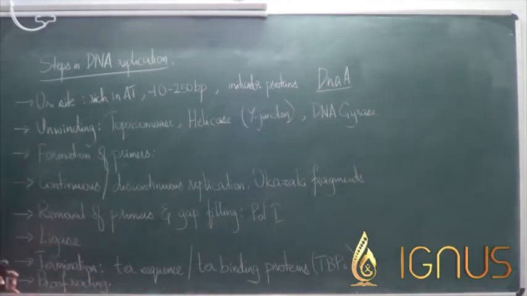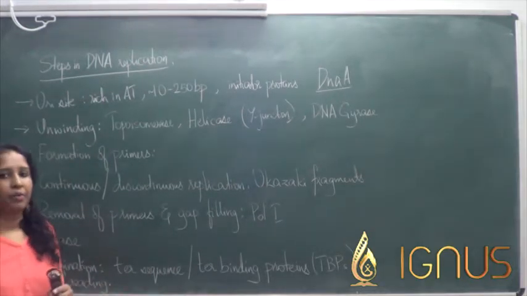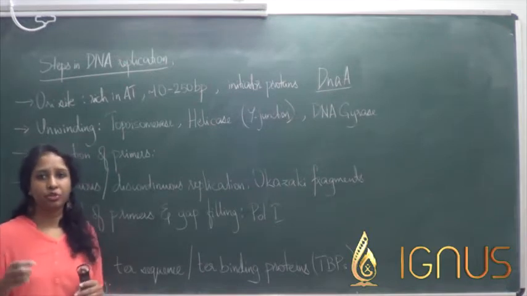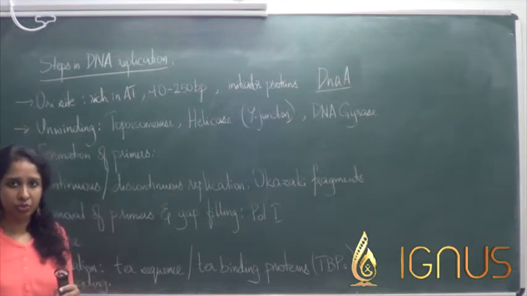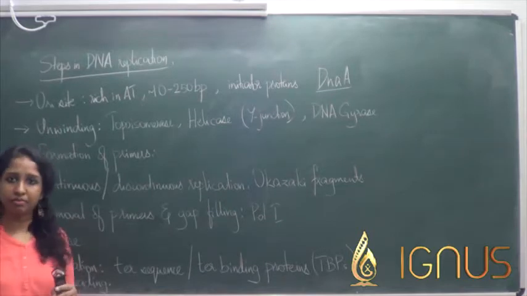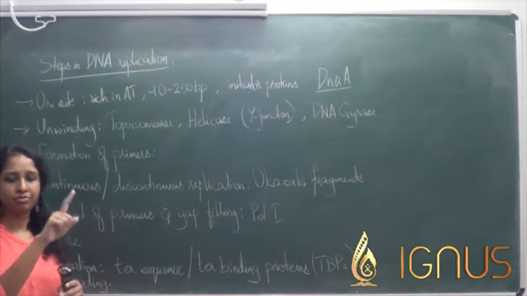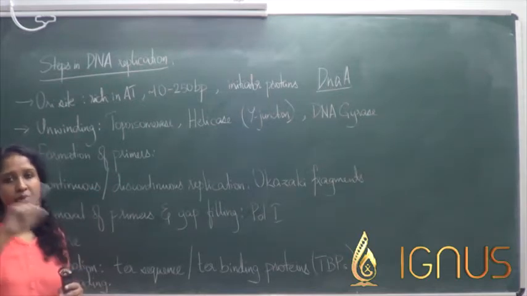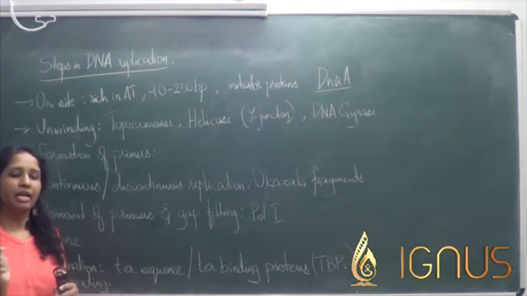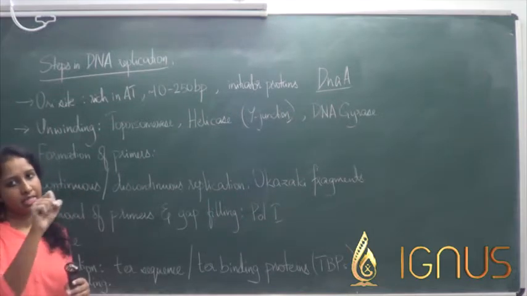After that, the step would be ligase, wherein ligase is going to form the bond between the two single strand DNA, and it's also going to be forming the bond between the free phosphate group and the free OH group in between the newly synthesized.